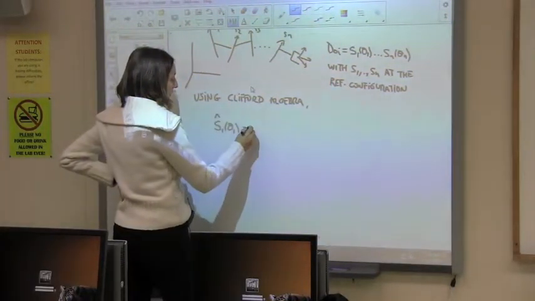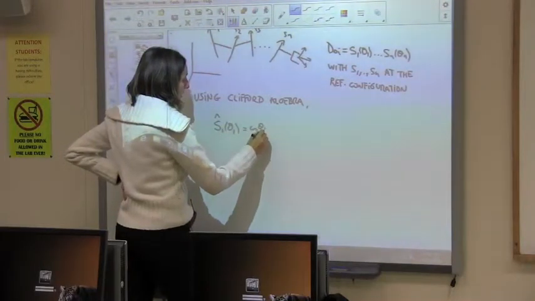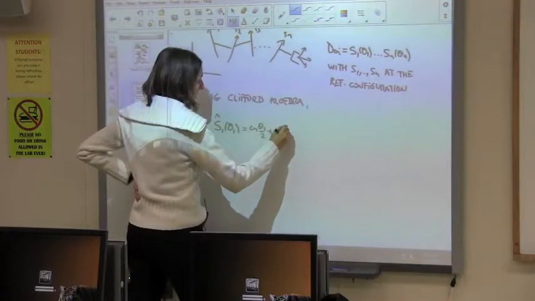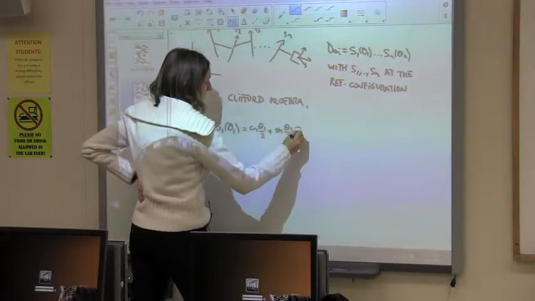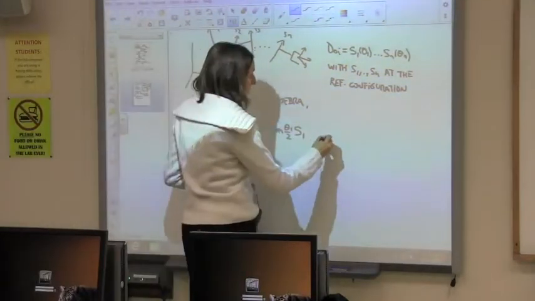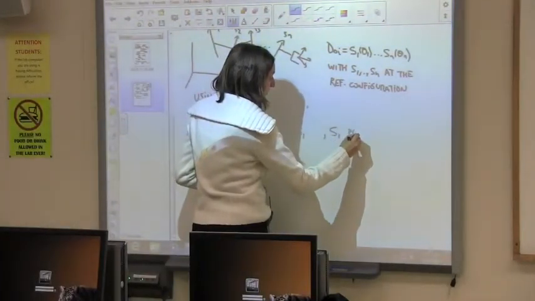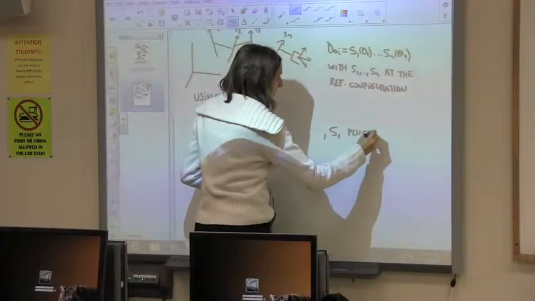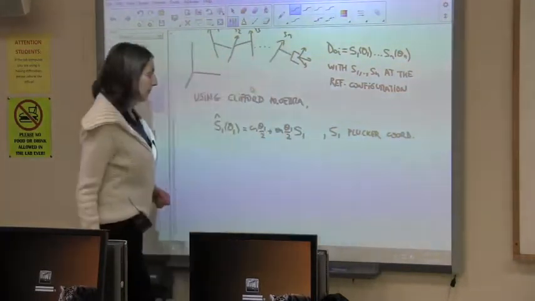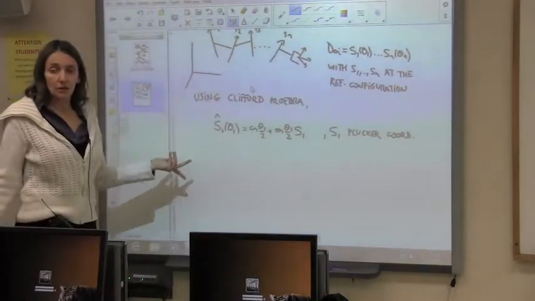Remember what that is: cosine theta 1 divided by 2 plus sine theta 1 divided by 2 S1, with S1 being the Plucker coordinates of the joint. It's as easy as this. This is a rotation about S1.